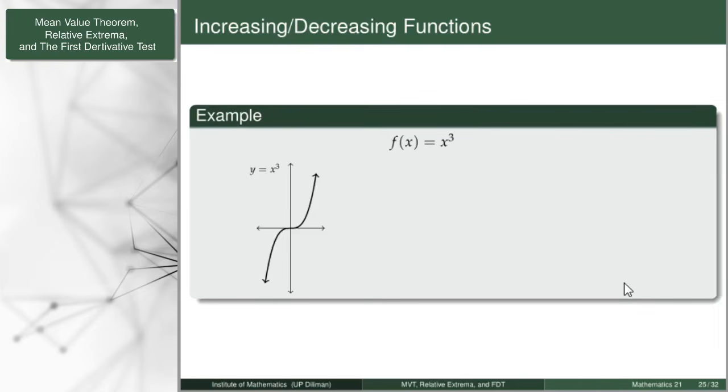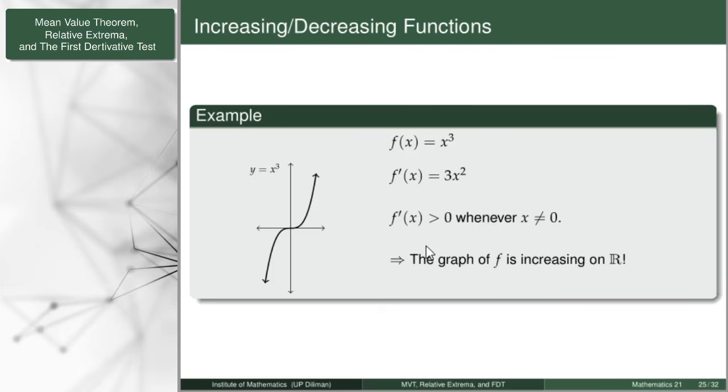Of course, for example, in f of x equal to x cubed, when you try to get the derivative, which is 3x squared, this will have a 0 at the origin. However, since this will always be positive whether you are on the left of 0 or on the right of 0, because you have an x squared here, then that will mean that you are increasing everywhere on R. This just implies that when you have a critical number, you're not always sure that you will have a change of sign.